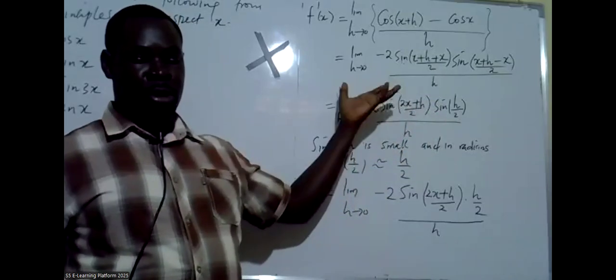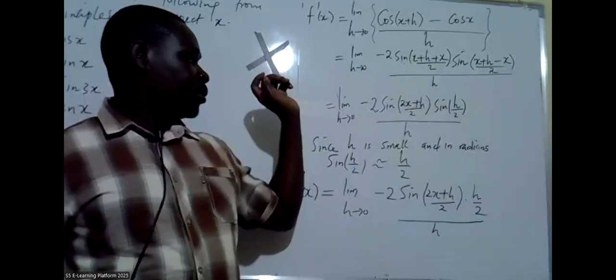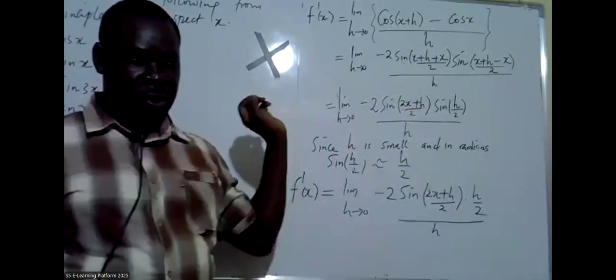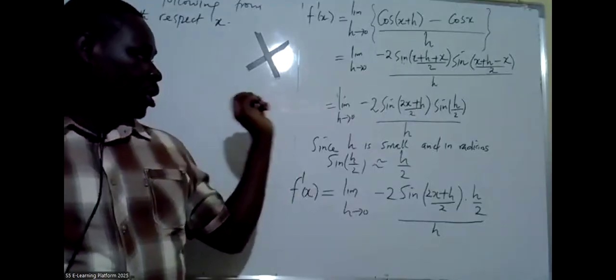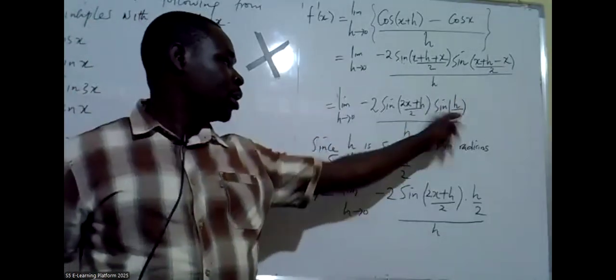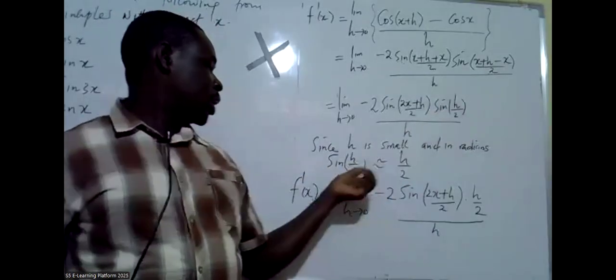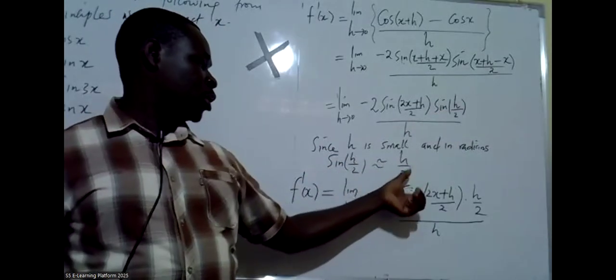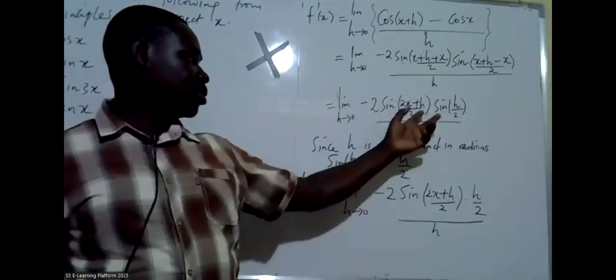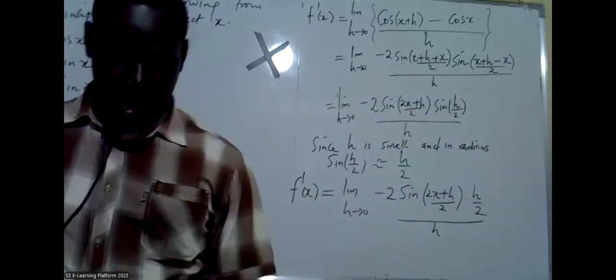That x is a big angle. It is only sine h over 2 that will be approximately equal to h over 2, not sine of 2x plus h over 2. I hope I've mentioned that one.